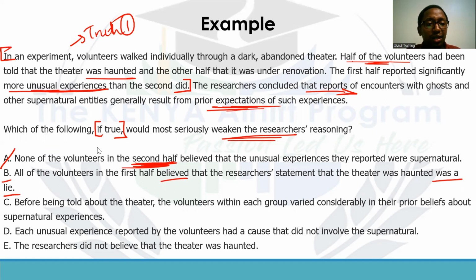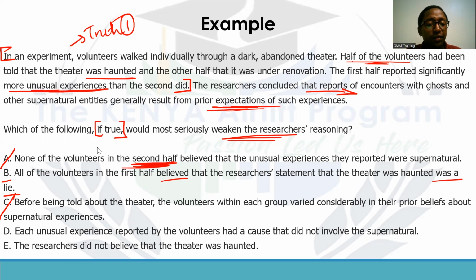C. Before being told about the theater, the volunteers within each group varied considerably in their prior beliefs about supernatural experiences. So this does nothing to the argument. D. Each unusual experience reported by the volunteers had a cause that did not involve the supernatural.